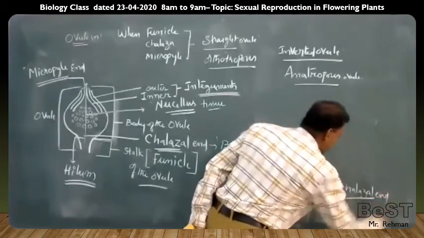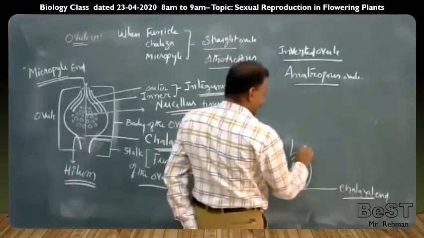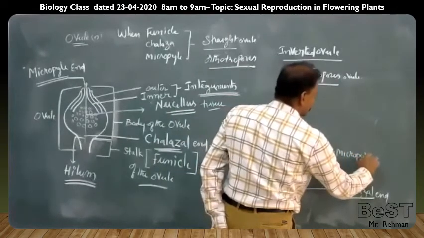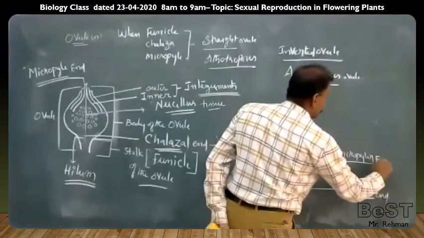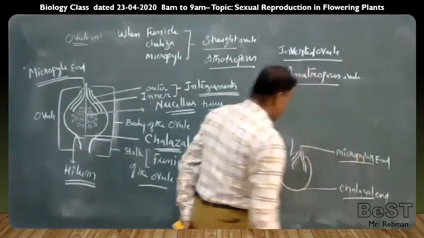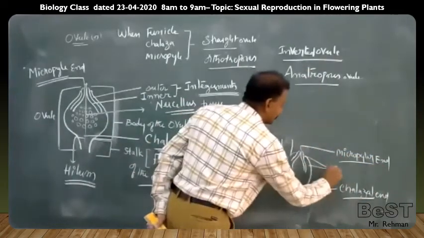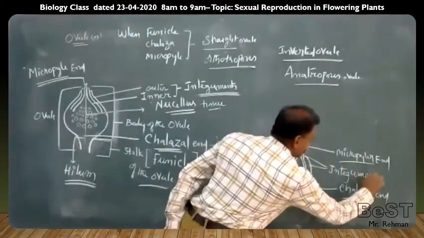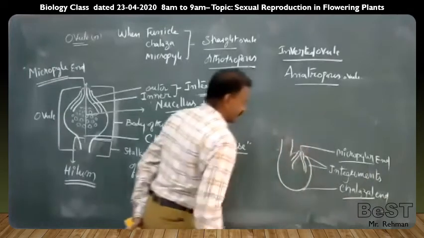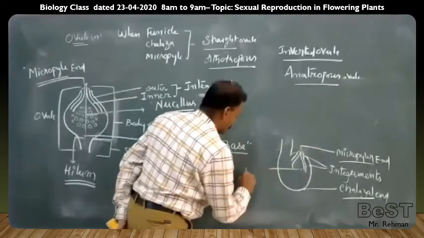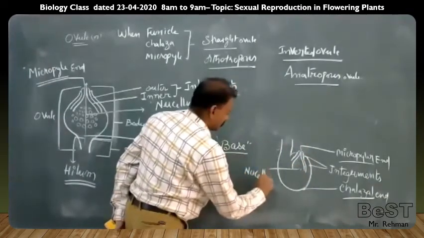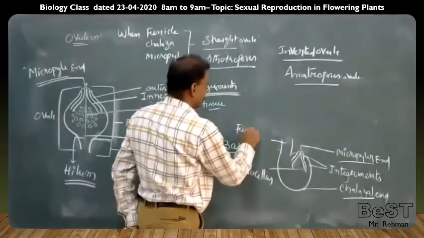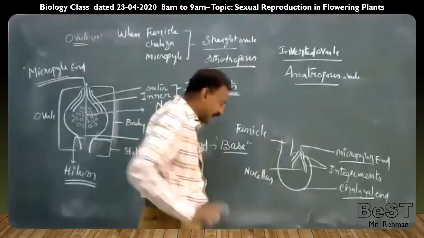Chalazal end. This is the micropylar end. These are integuments. This is the tissue which is called nucellus, funicle.